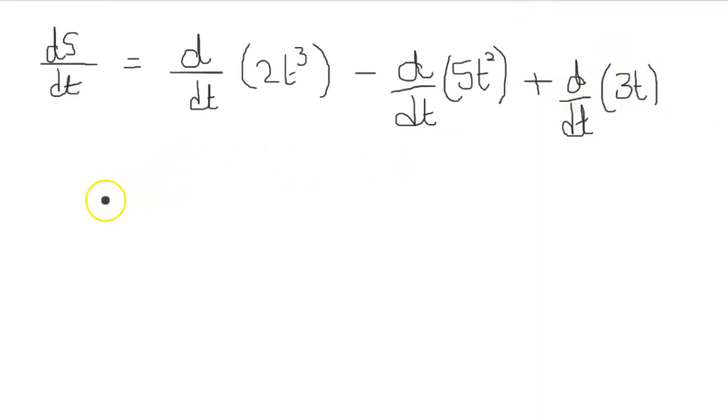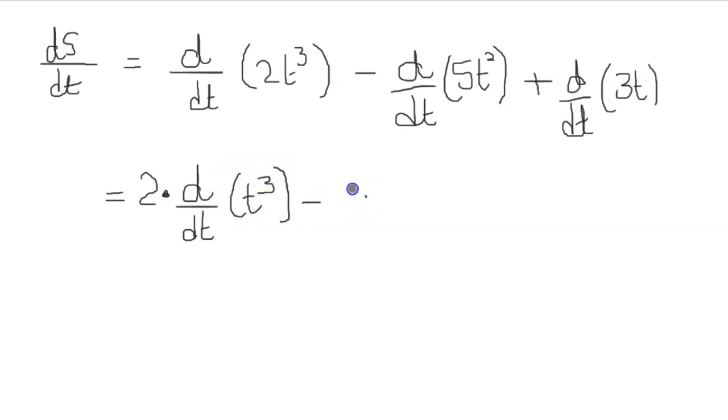And then I can just work it out. The 2 is already out. When I differentiate the t cubed, you can do one more step. This is a step if you want to do it, or you can skip it. Let me do this step, because it is one of the basics.